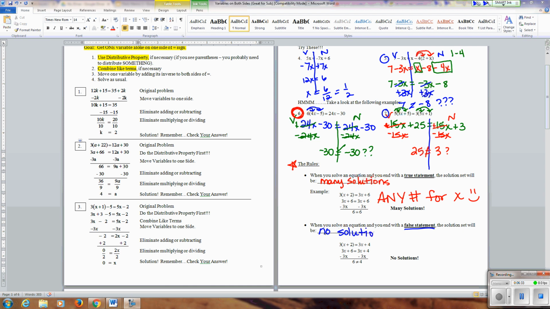What that means is no value for x will work. Technically this is any number for x will work, and this is no value for x will work. It doesn't matter what I pick. There's nothing that will ever make this statement true. And there's two examples here for you to look at.